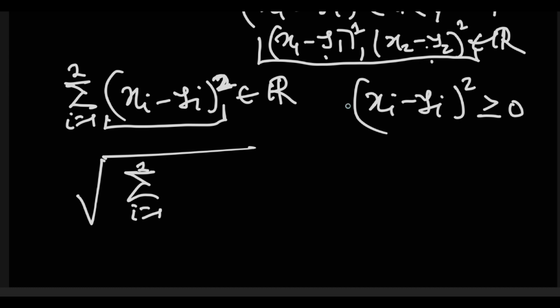Then if you sum them, i equals 1 to 2, the two numbers that you squared, when you sum them, if it is 0, then it will still be 0. If each number is greater than 0 and you add the two together, the sum will also be greater than 0.